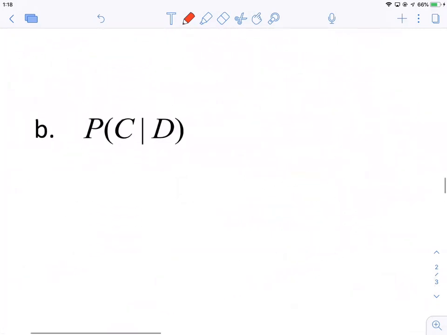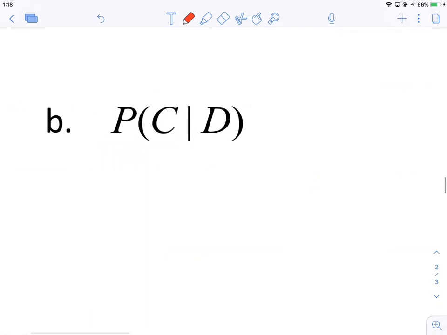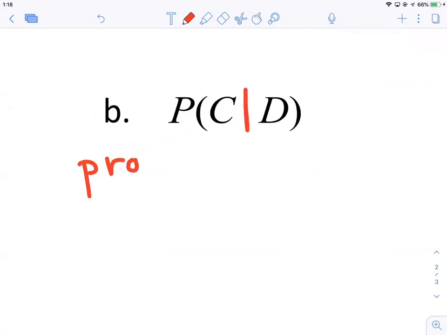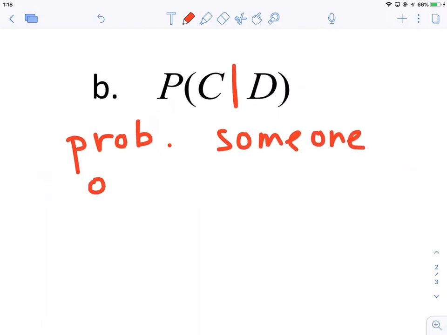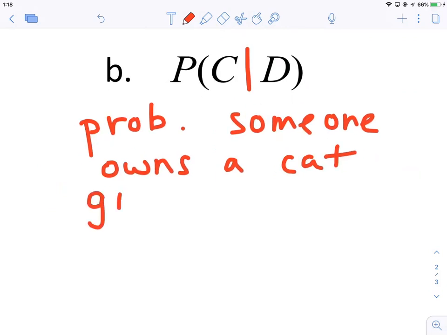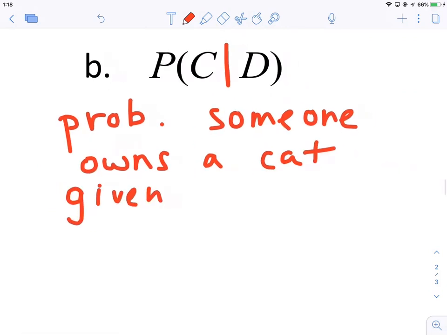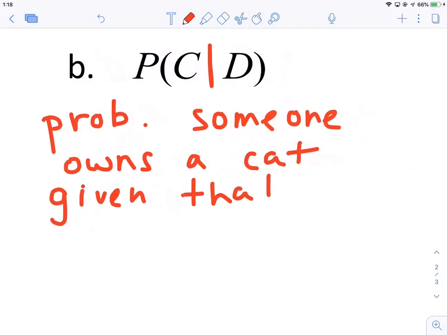All right. This is our conditional probability, right? This vertical line means given. Just write out what this means in words. What's the probability of someone owning a cat, given that they own a dog?